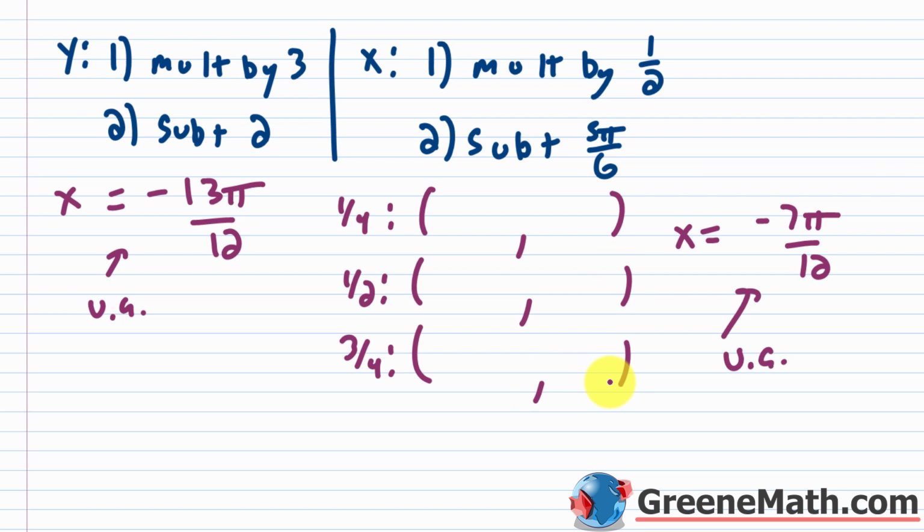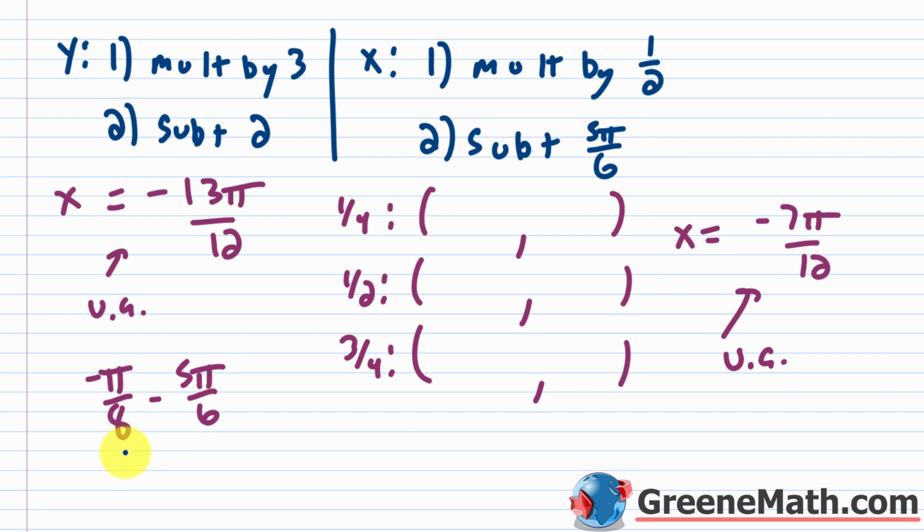So you're going to take your standard points, which you have negative pi over 4, comma negative 1. So you take negative pi over 4, and you multiply by a half, and that gives you negative pi over 8. Then you have to subtract away 5 pi over 6. So negative pi over 8, and you subtract 5 pi over 6. Again, the tedious thing here is just getting common denominators.